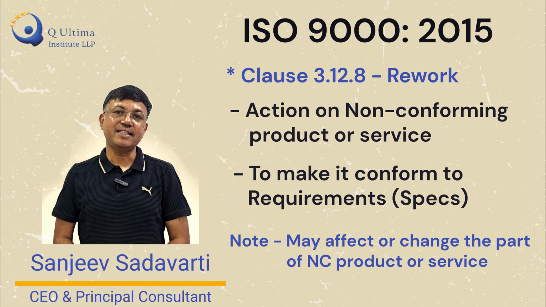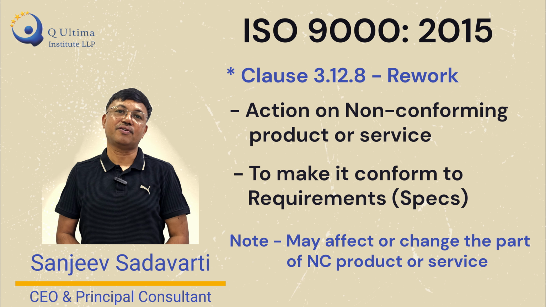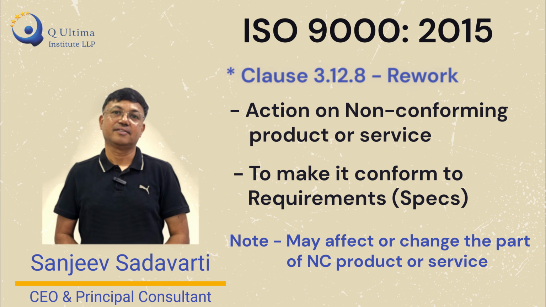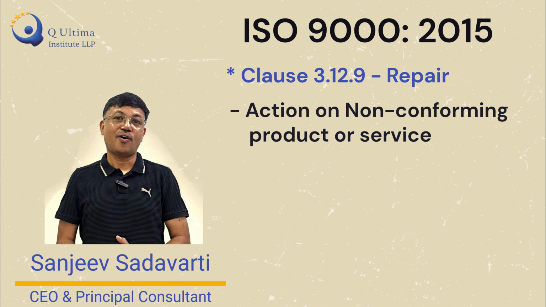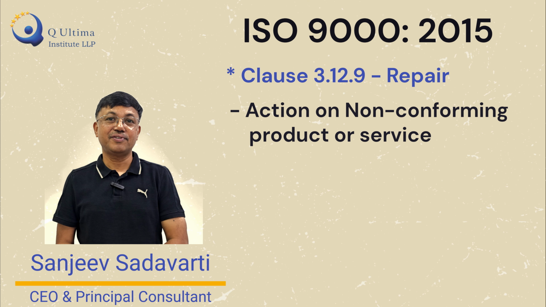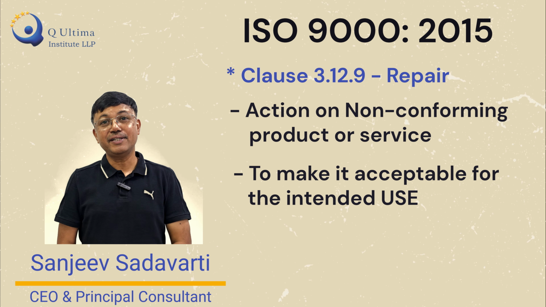A note further clarifies that rework may affect or change the parts of the non-conforming product. On the other hand, repair is an action on a non-conforming product or service to make it acceptable for the intended use.